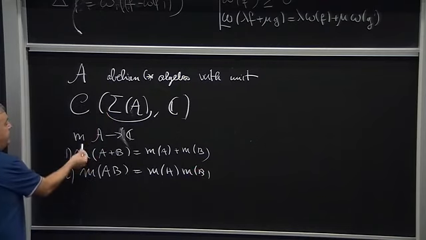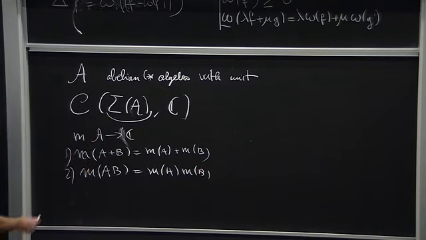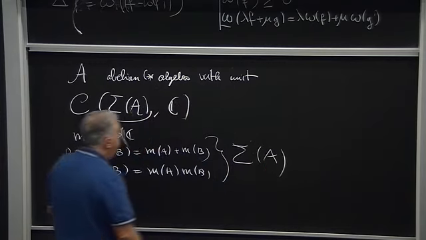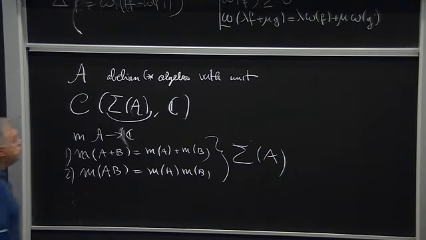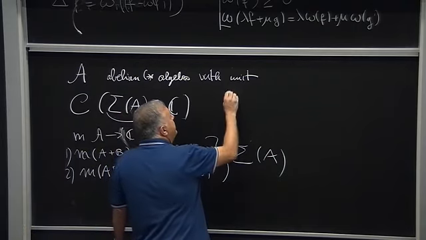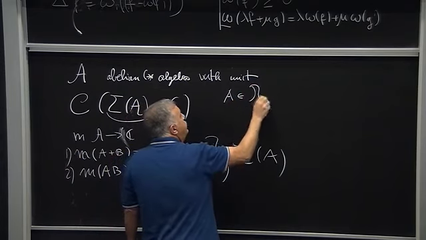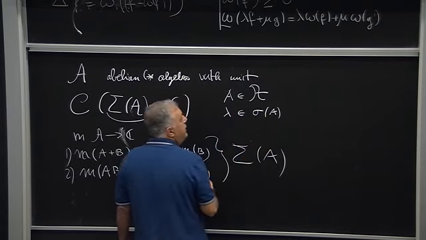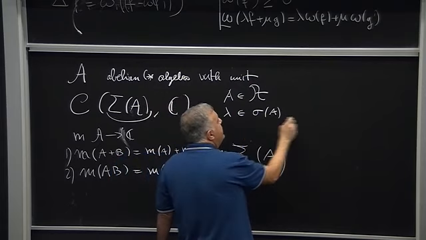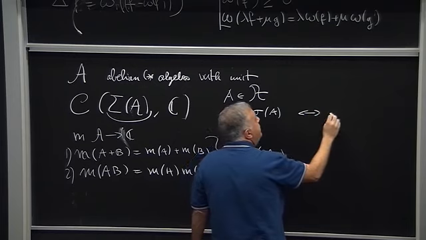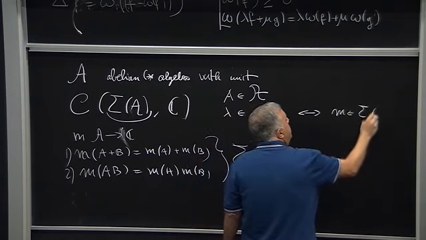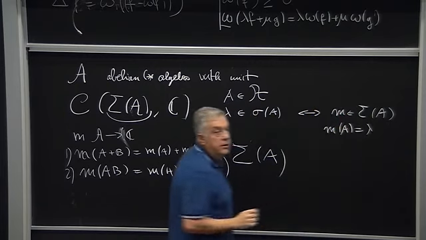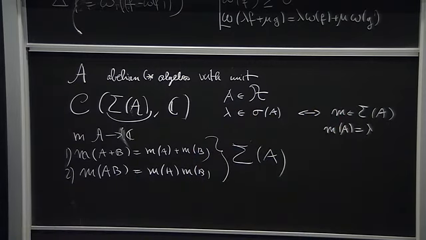Why do they define the spectrum of the algebra? Because given A belonging to the algebra, lambda belongs to the spectrum of A if and only if there exists M belonging to sigma of A such that M of A equals lambda. That's why you call it the spectrum of the algebra.